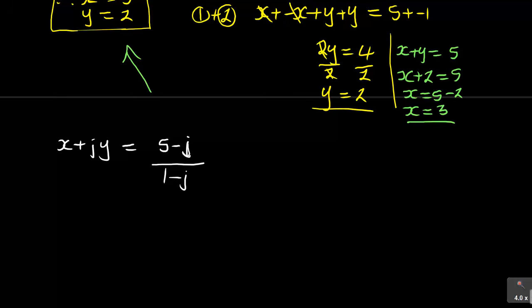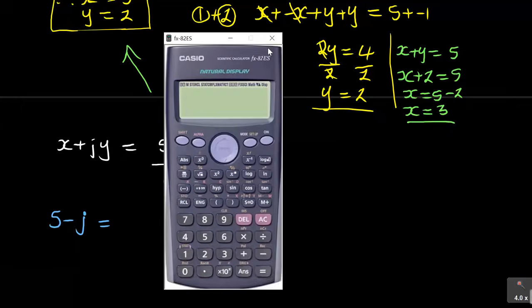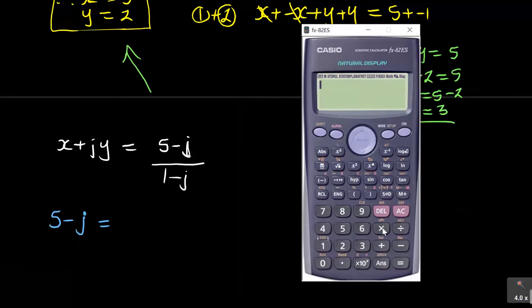If I've got 5 minus j here, what will it convert to?